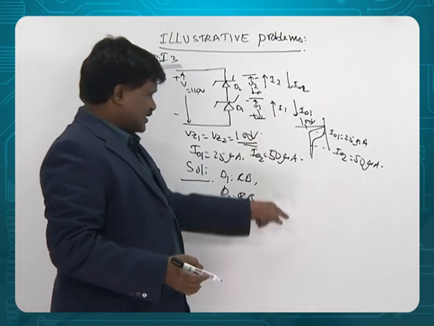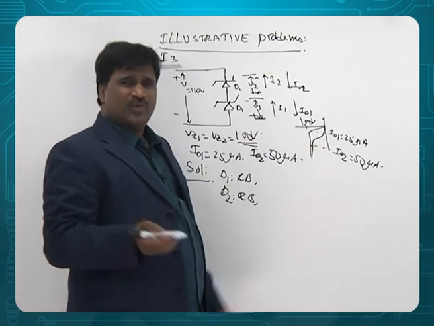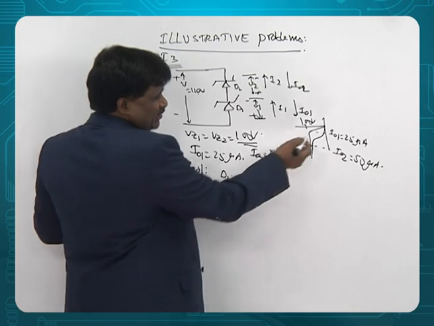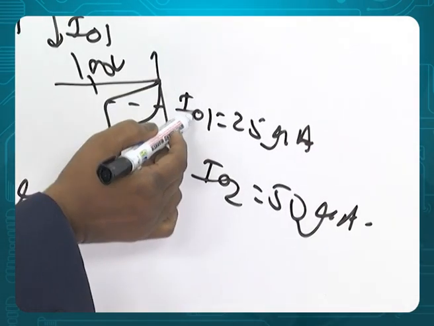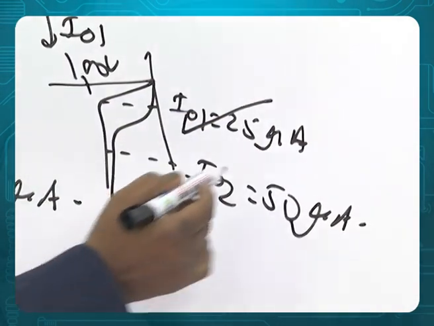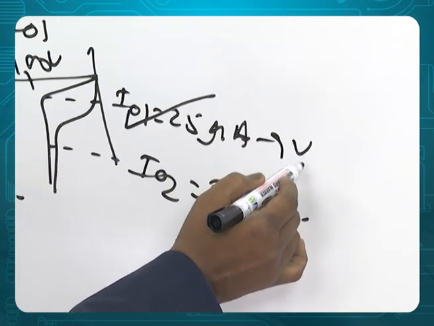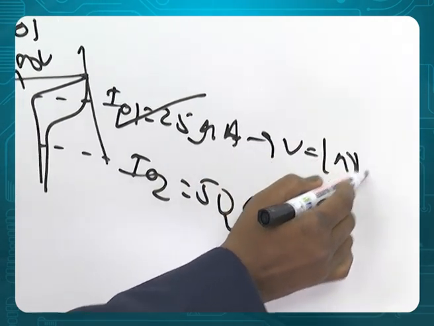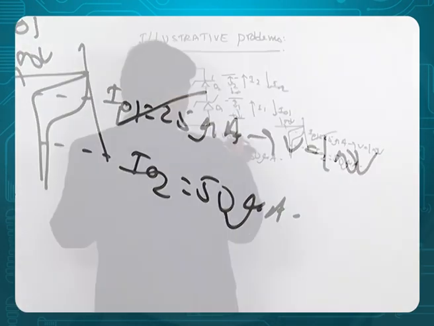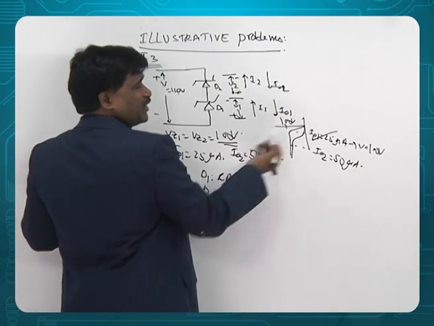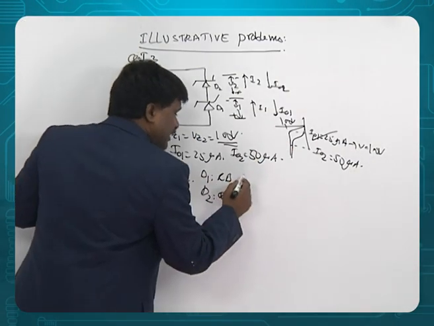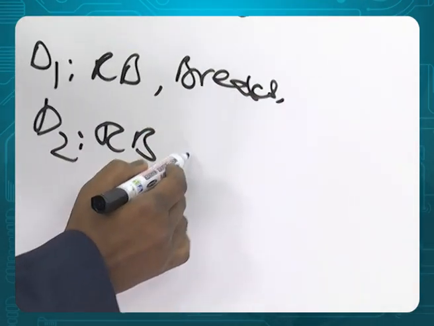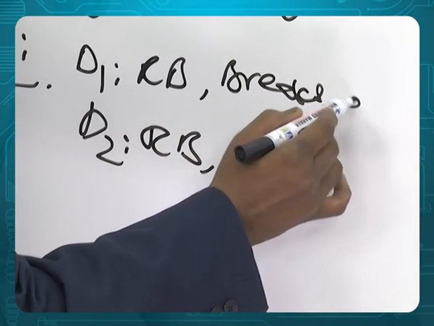When the voltages are same, currents are different, and finally what happens? By the time the current increases to 25, this will break, and that will take the total voltage 100, and the remaining is 10. 10 is not sufficient for the breaking of the second. Therefore, this breaks, this does not break.